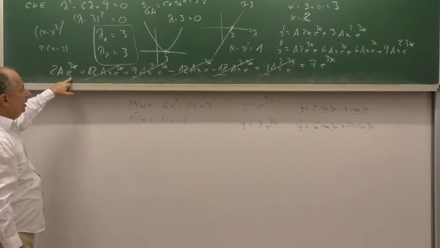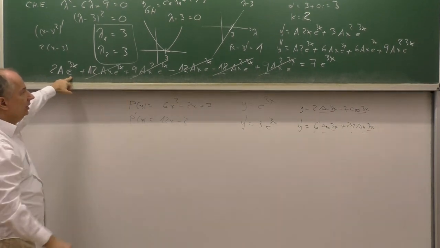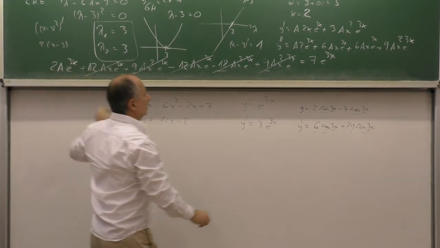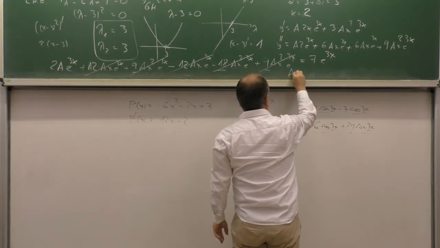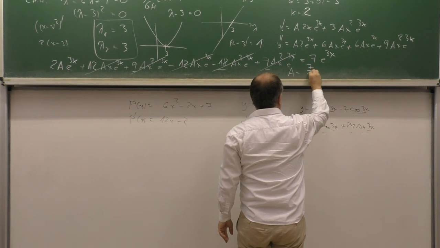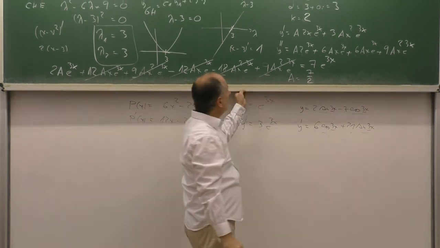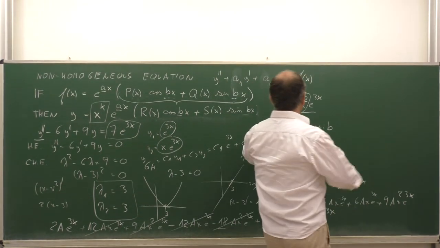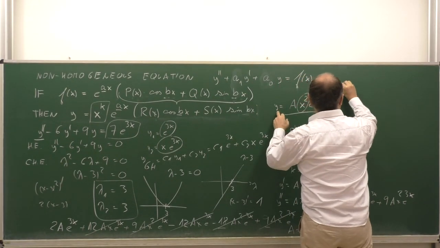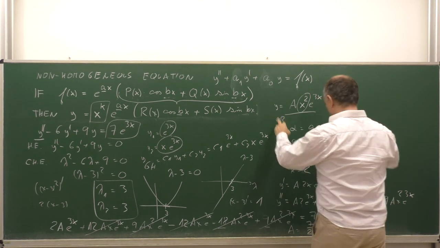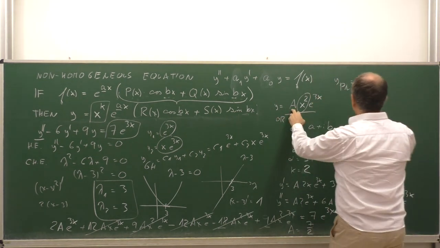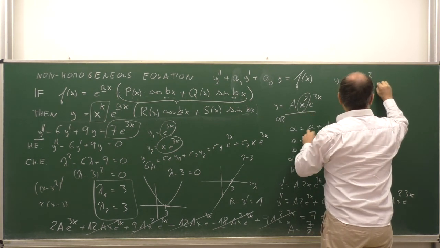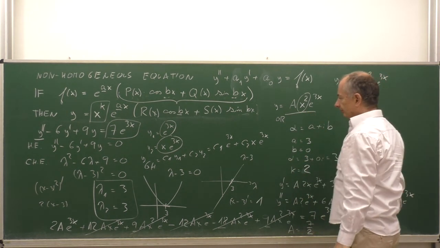And 2a e to 3x is 7 e to 3x. So 2a is 7. So a is 7.5. And what we have is this y, which is the particular solution of the non-homogeneous equation, 7.5 x squared e to 3x.